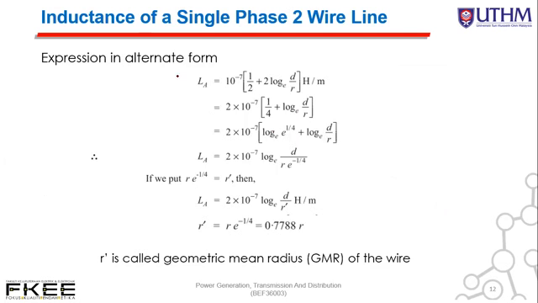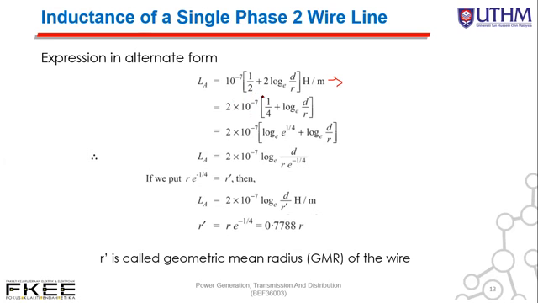From the equation to calculate the inductance, the basic calculation of inductance is 10 to the power of minus 7 times (1 over 2 plus 2 ln D over R). This is for a two wire line. This inductance occurs in conductor A, for example, and then we can simply take out 2 from this equation.